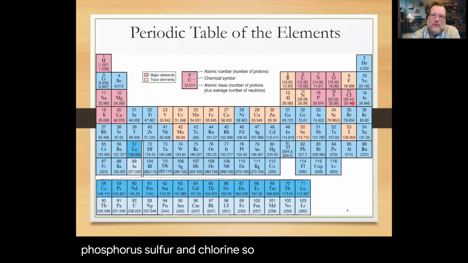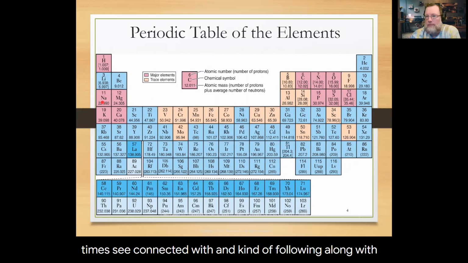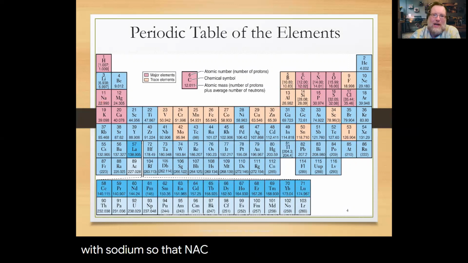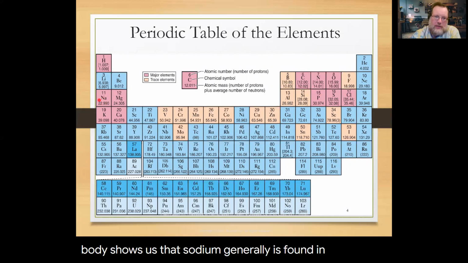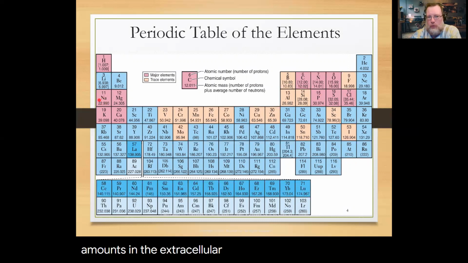So the Cl, chlorine, we oftentimes see connected with and kind of following along with sodium. So that NaCl combo, a table salt, also in the body shows us that sodium generally is found in large amounts in the extracellular fluid or outside the cell. That also happens to be where we find chlorine.